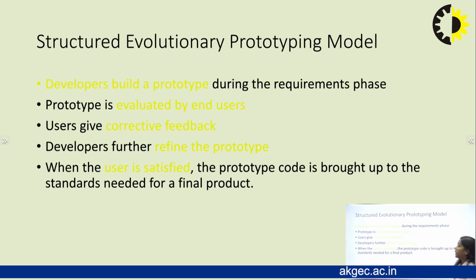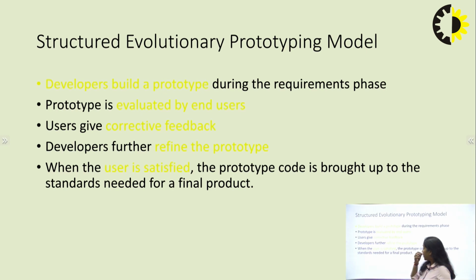So the developer builds a prototype during the requirement phase only. Once you take the requirements, make a prototype, a dummy model, which will help the user become familiar with it. The prototype is evaluated by the end user, the one who will use the system and interact with it. The user gives corrective feedback.